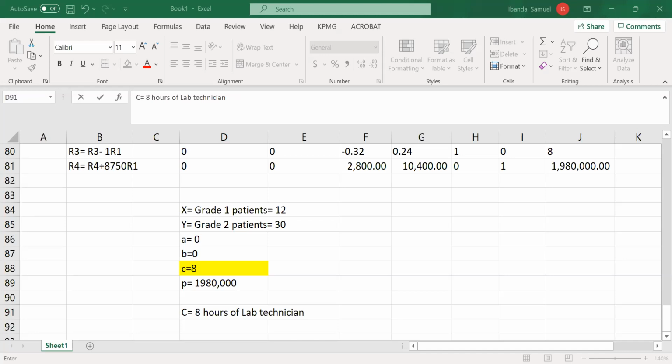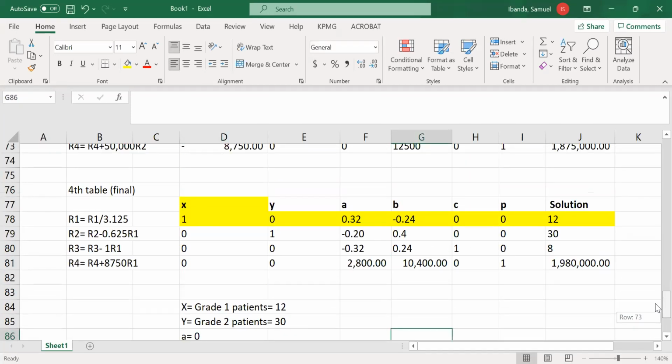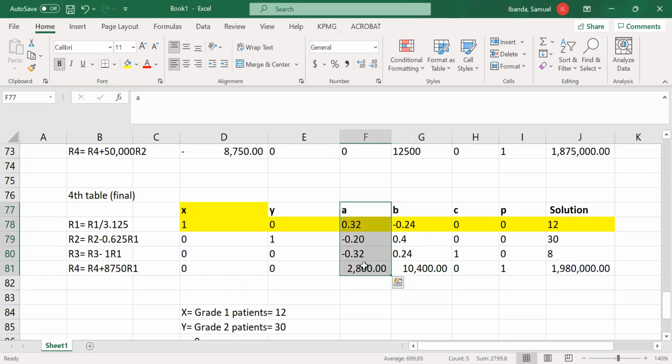Now, one of the things you need to understand is, when it comes to doctors' hours and drugs, remember from our table here, we got our A to be 0 because we didn't get a 1 here and we didn't get a 1 here. So we ideally don't have redundancy under doctors' hours and drugs.